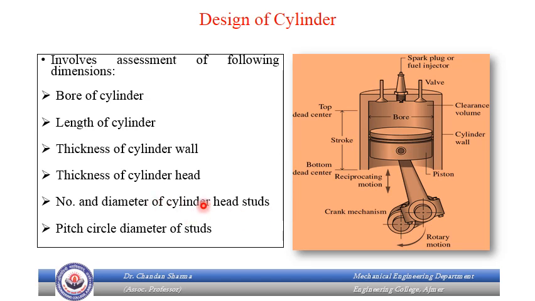So when we talk about design of cylinder, we also need to find how many studs are required, at what pitch circle diameter they are to be used, and what would be the required diameter of the stud.